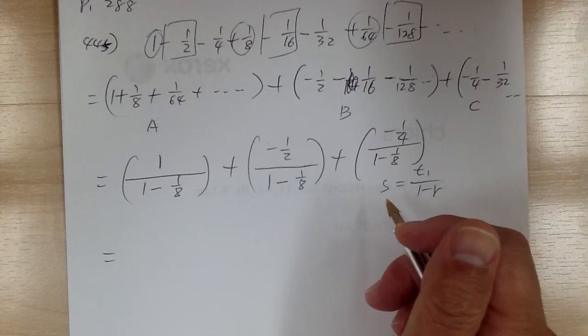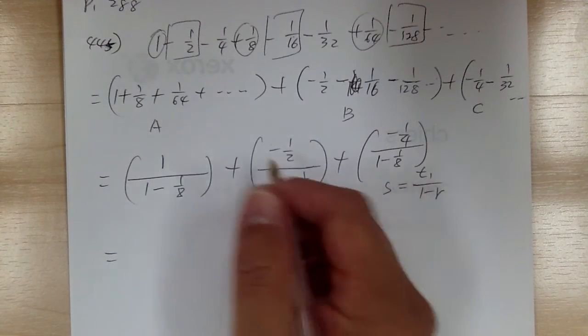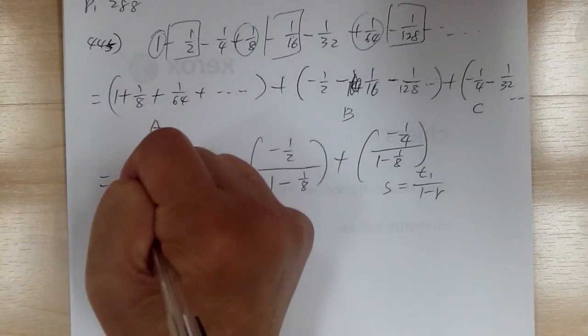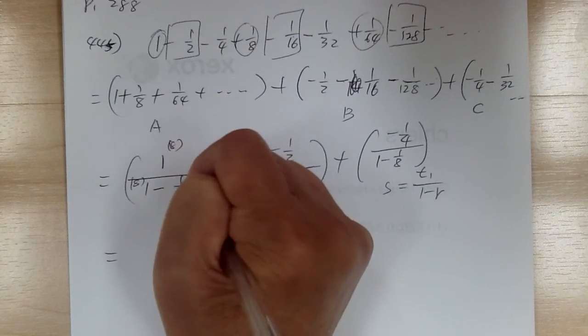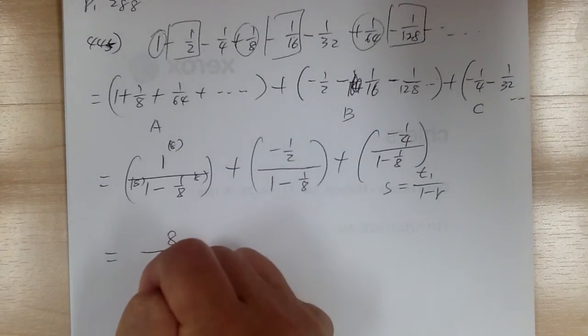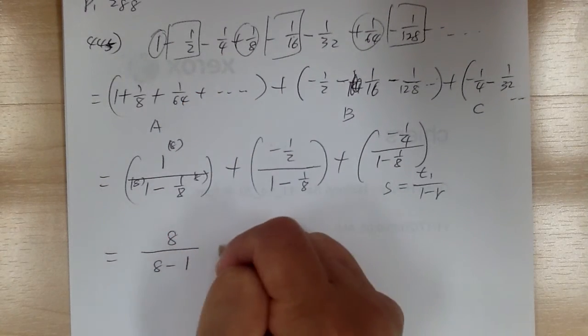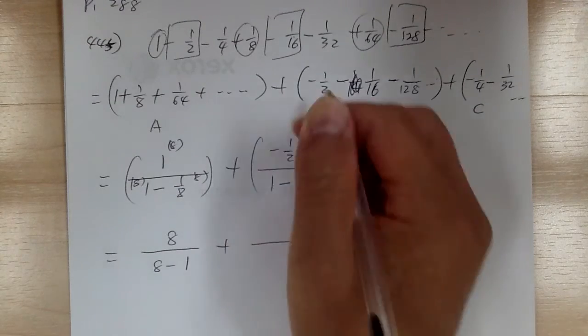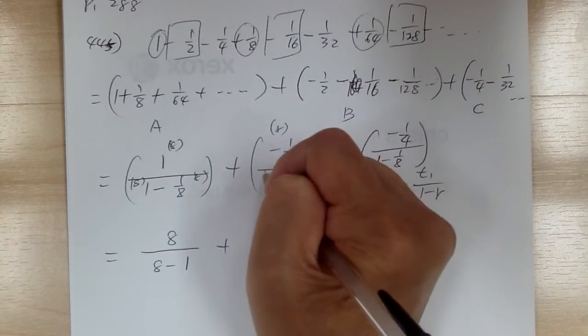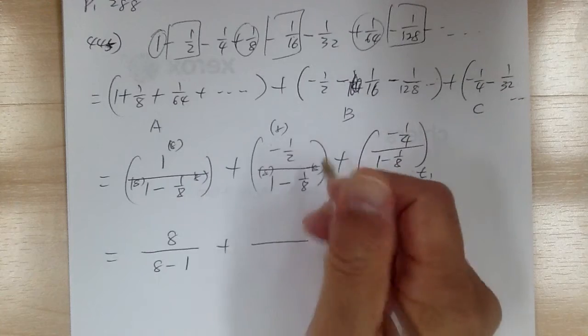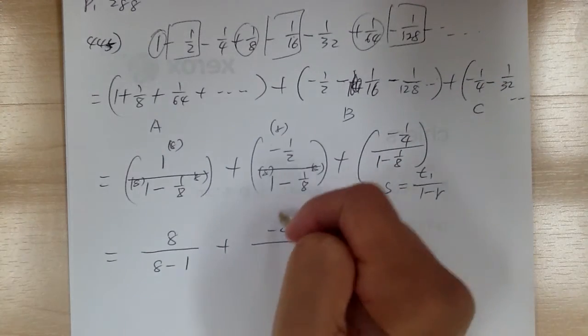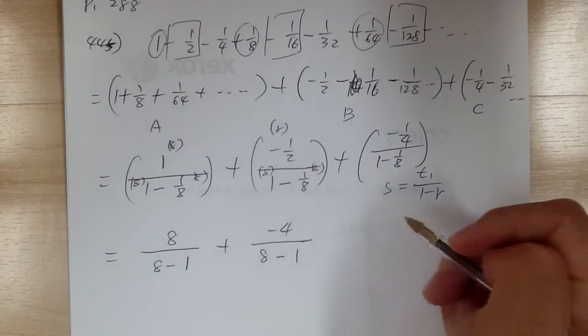Okay, so let's simplify each part. Multiply it by 8, so you get 8 over 8 minus 1. This one, again, you multiply it by 8, so you get negative 4 over 8 minus 1.